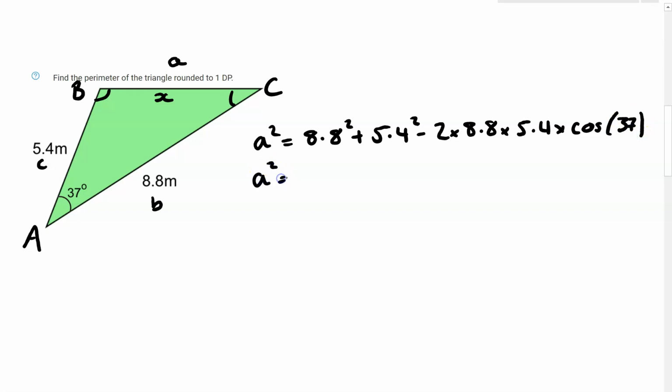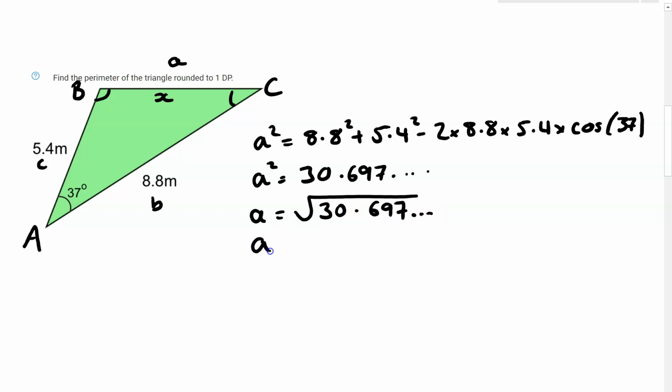So again, pop that in your calculator, and we've got 30.697... Again, A is going to be the square root of that. Do not round it. Only round it after you've square rooted it. And we get 5.5 to 1 decimal place. And this is in metres. Again, 1 decimal place in the question.